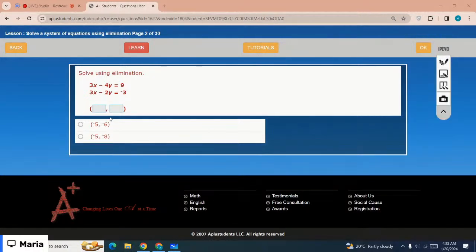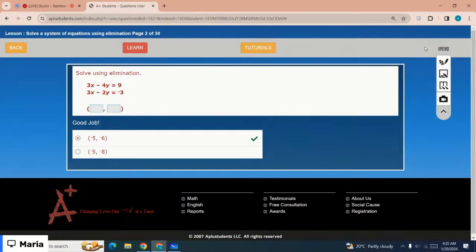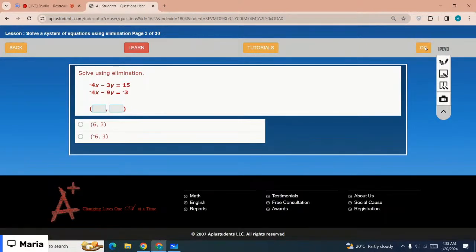The next one you have to do in your notebook, and just tell me the answer, right? The next one is, solve using elimination. For both the equations, x has exactly the same coefficient, including the sign. We need to subtract both the equations.